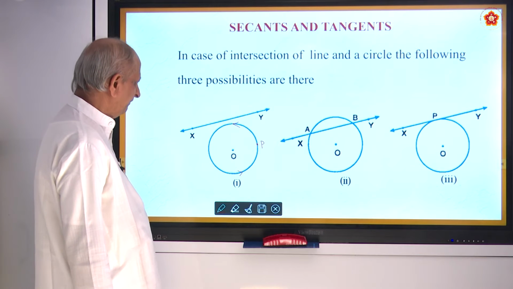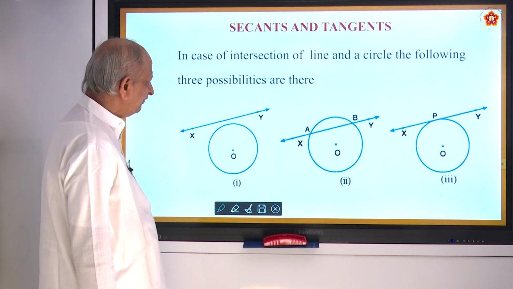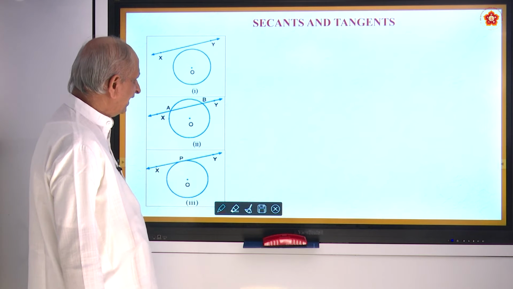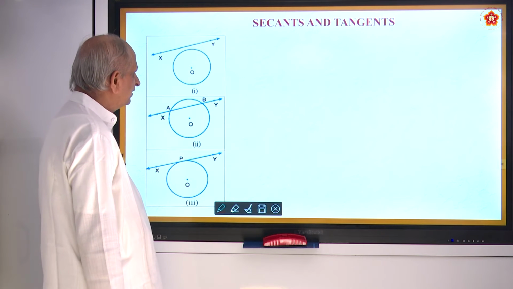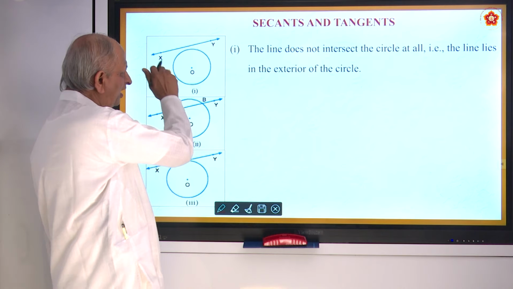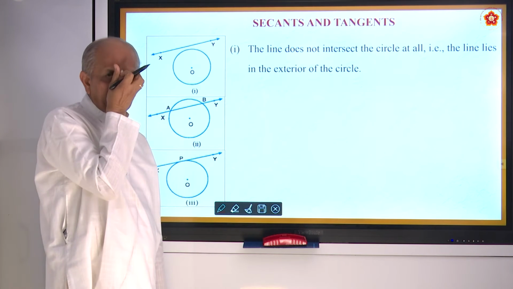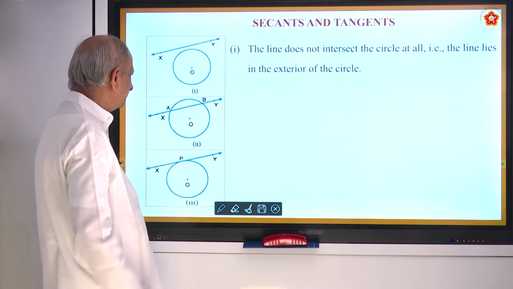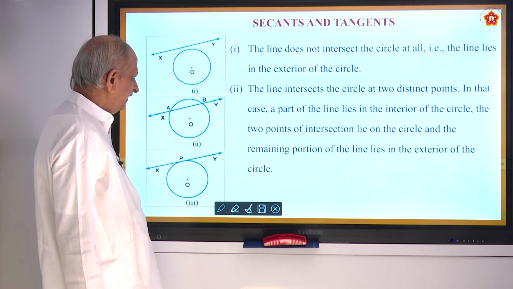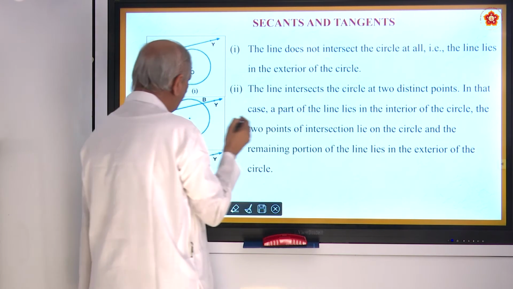What can we name them? Let us see. So this line, which does not intersect at all, is called an exterior line. No contact with the circle. Second case, the line intersects the circle at two distinct points.